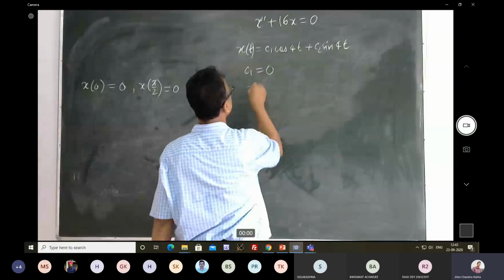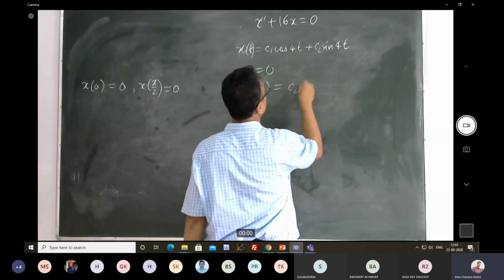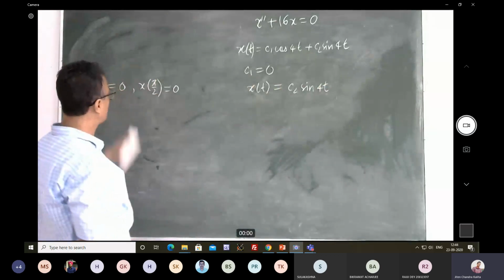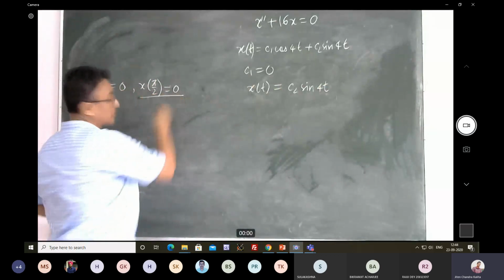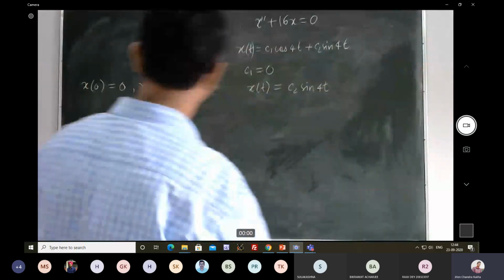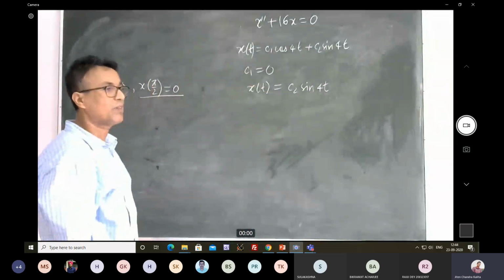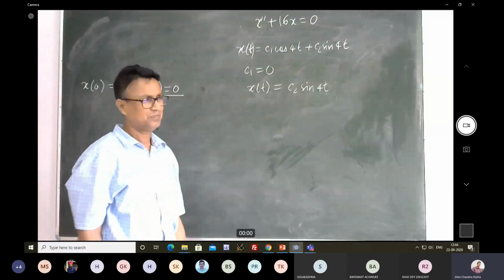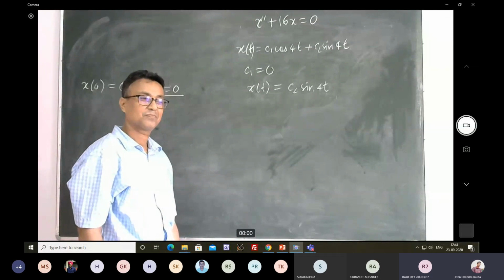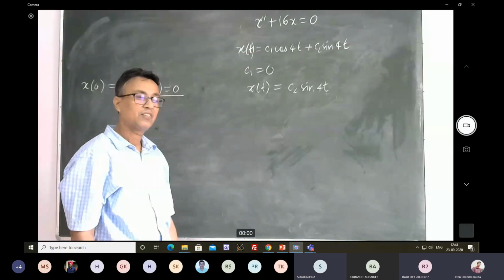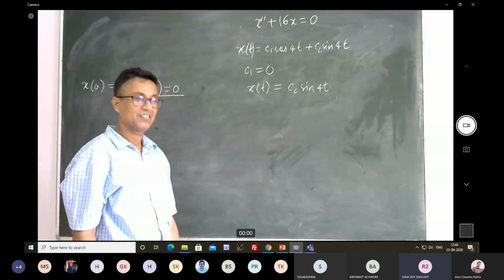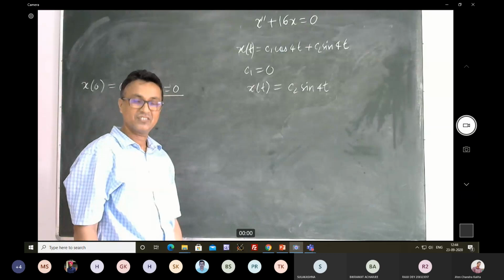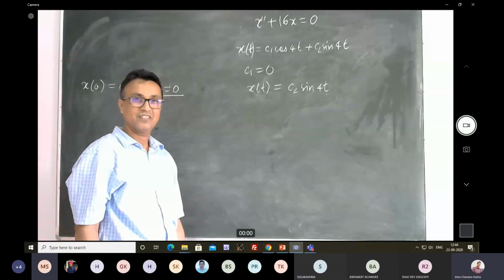So my solution will be something like c2 sin 4t. Now if I want to plug in the other condition at t equal to pi by 2 and impose this boundary condition, what is going to happen? For any c2, it is true. Is it okay?